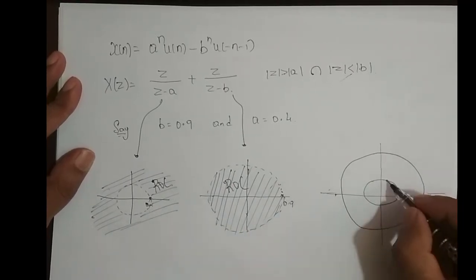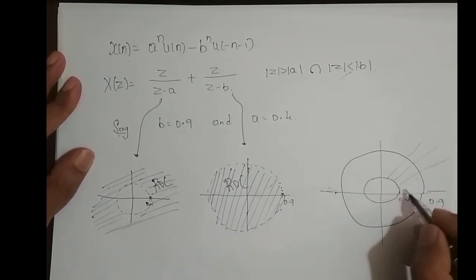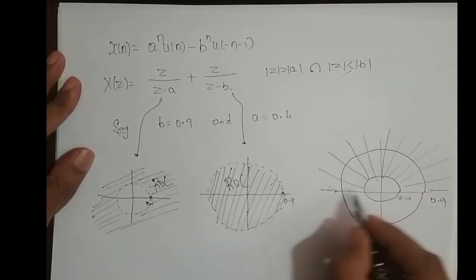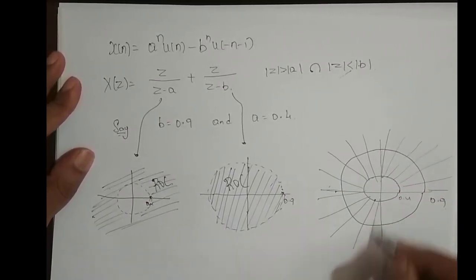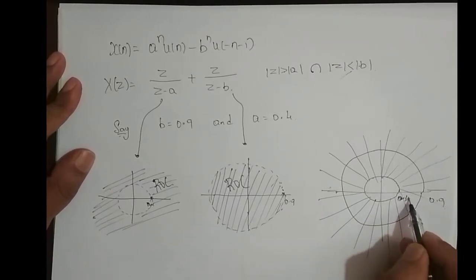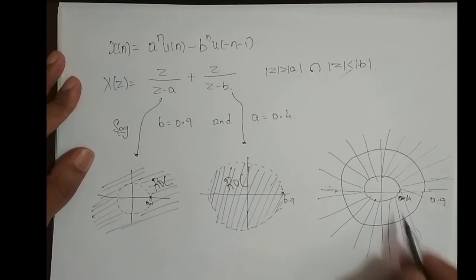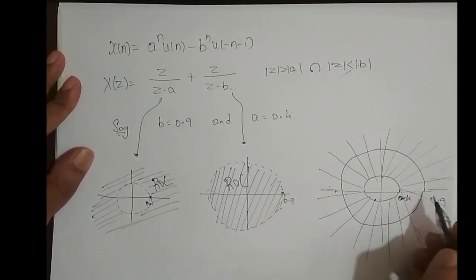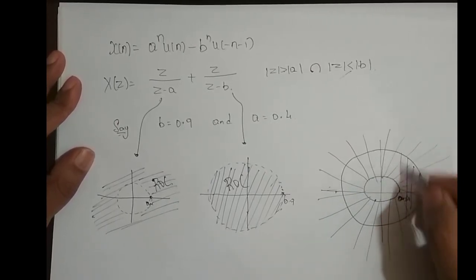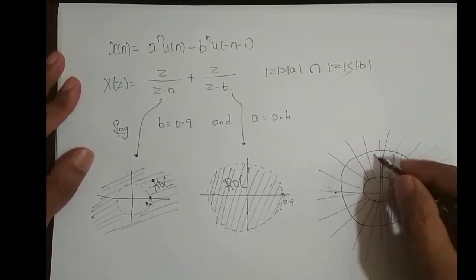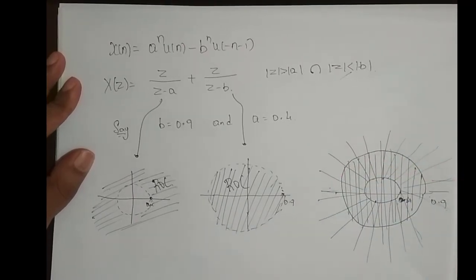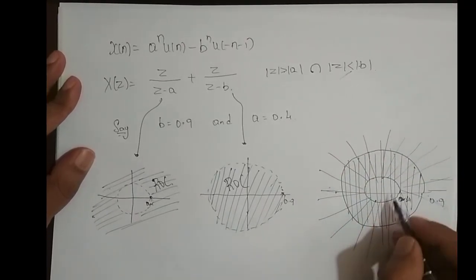For 0.4 it is outside, so this is outside the circle of radius 0.4, and for 0.9 it is inside. So inside I will write like this. So the intersection is what?